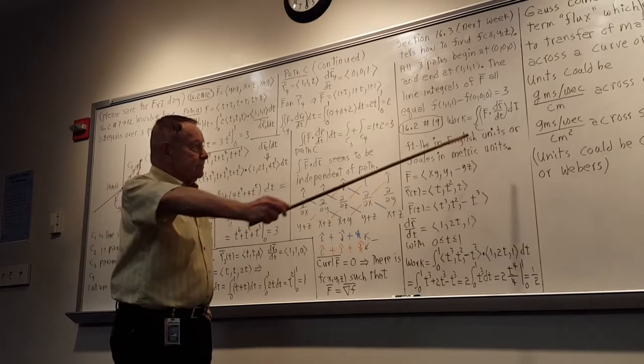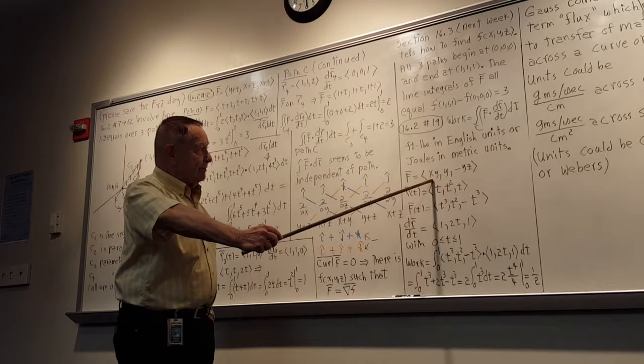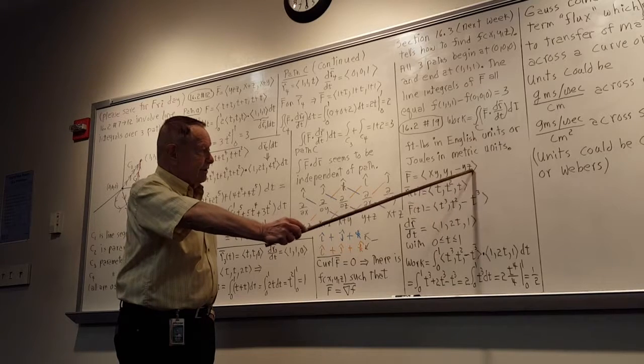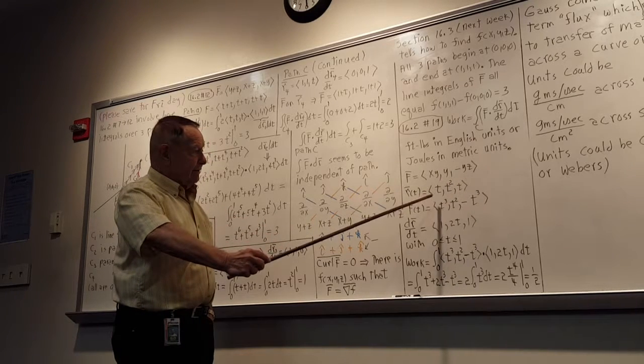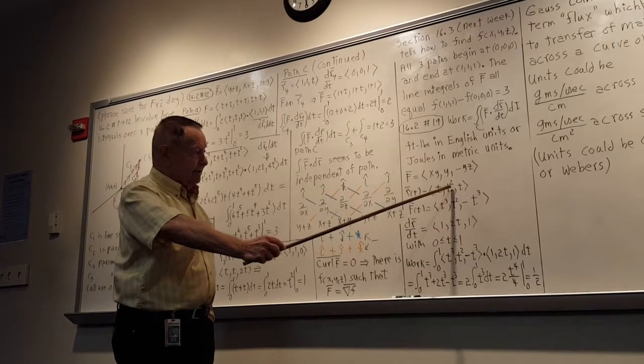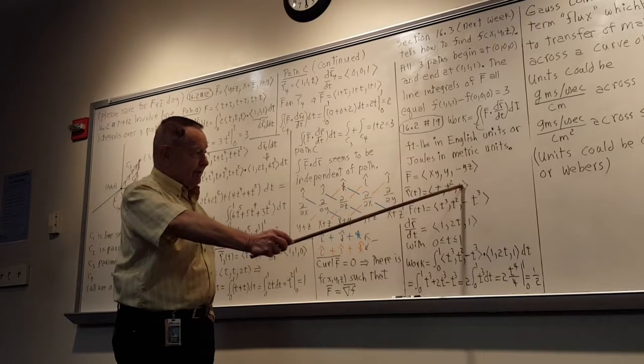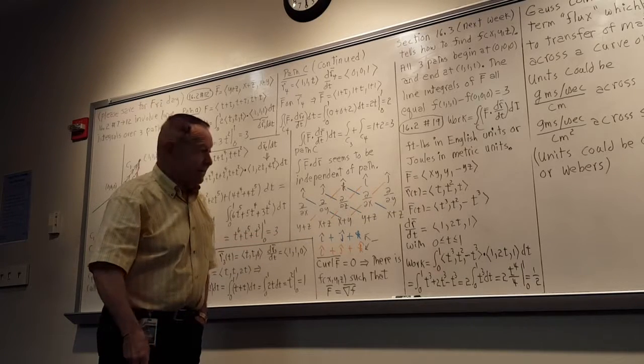And so look at the field for 19, which is here, and then the path is given in the problem as t, t squared, and t. So if you thought of this as x, y is x squared, and z equals x.